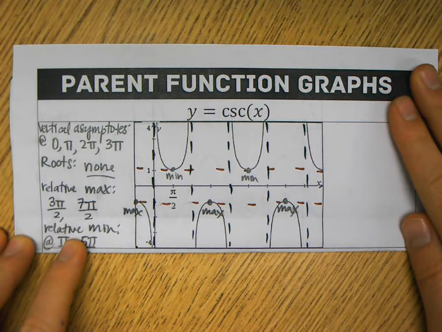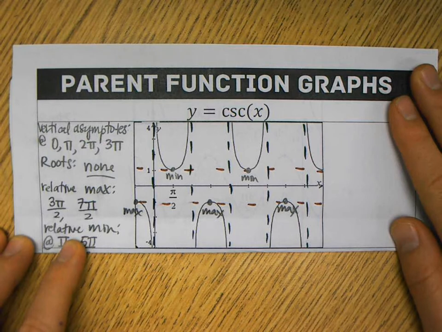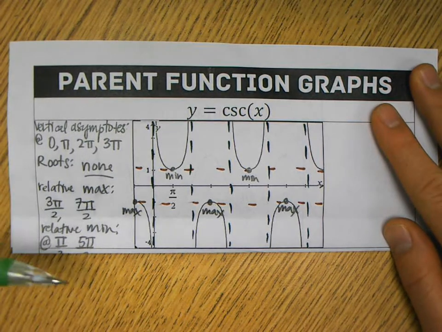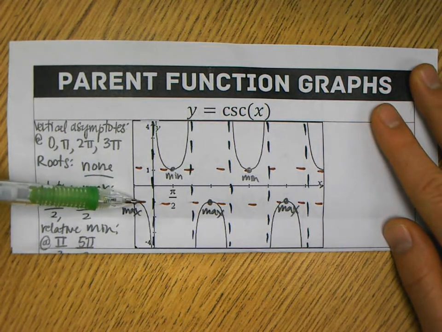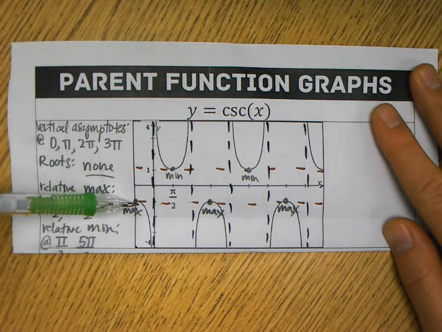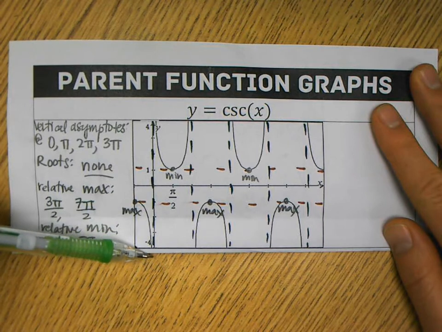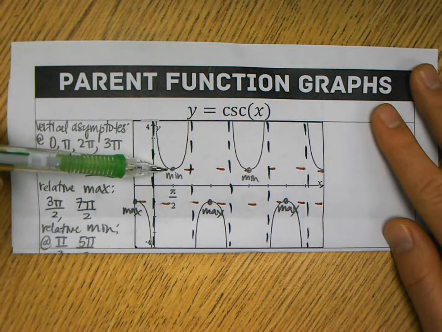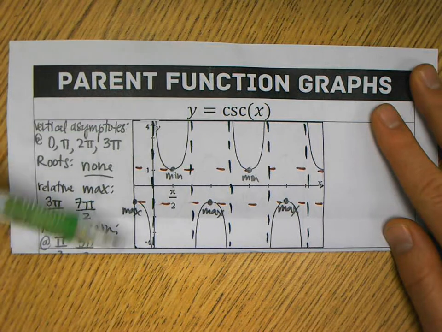The range would be all values such that y is less than or equal to -1, and also y is greater than or equal to 1. So the only values that are not included are between -1 and 1. So all values such that y is less than or equal to -1, or y is greater than or equal to 1.